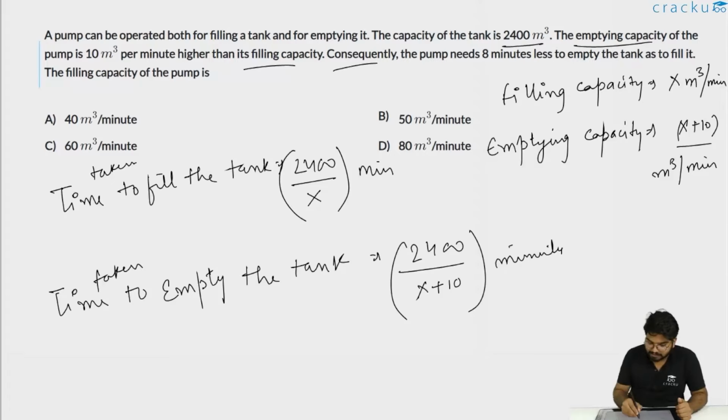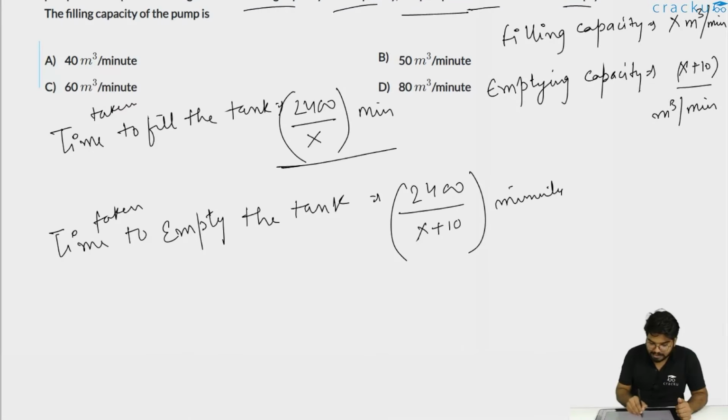Now it says that consequently the pipe needs 8 minutes less to empty the tank than to fill the tank. So while emptying, it needs 8 minutes less than is required to fill the tank. That is, the time for filling the tank is 8 minutes more than for emptying the tank.